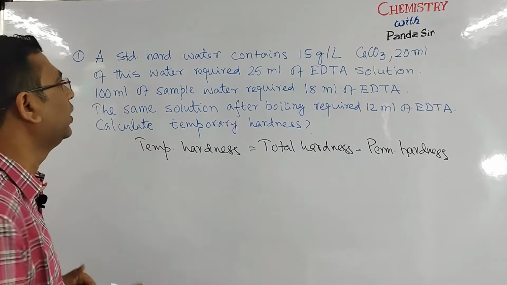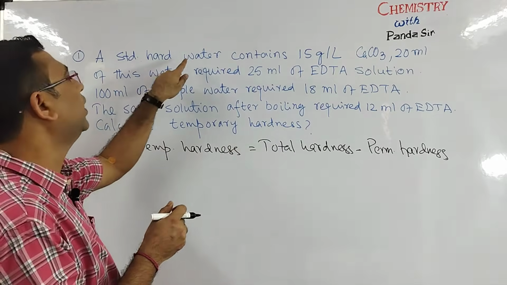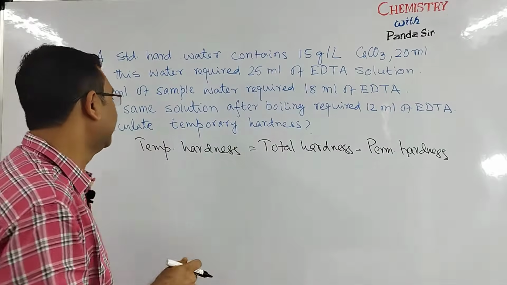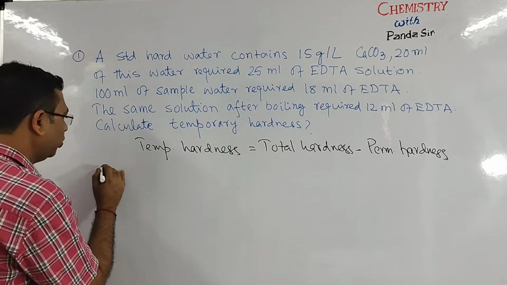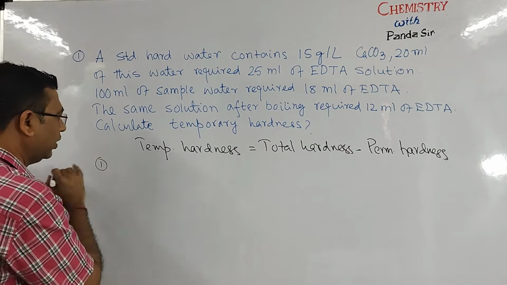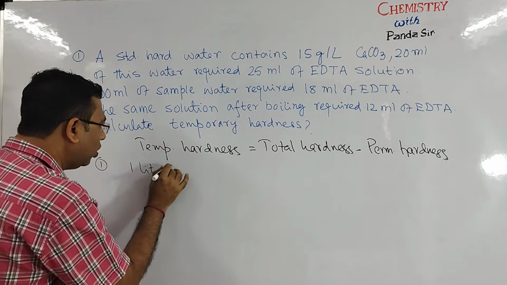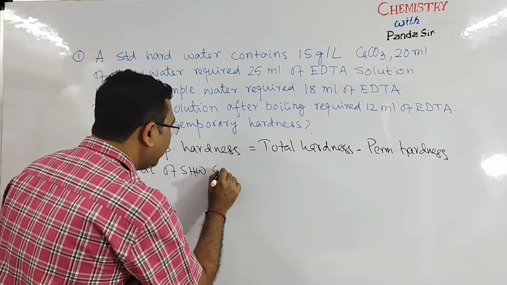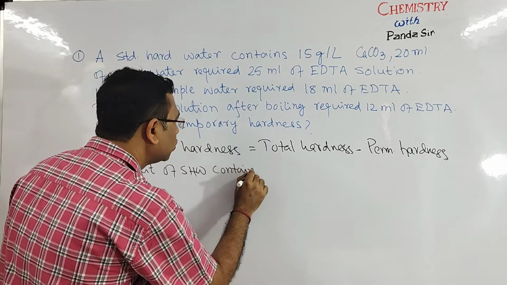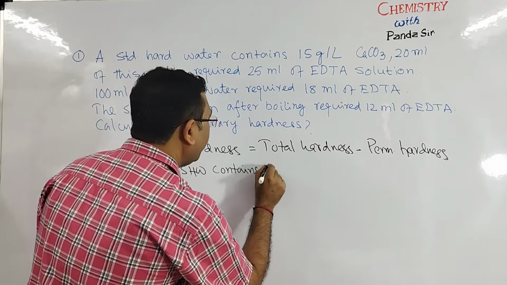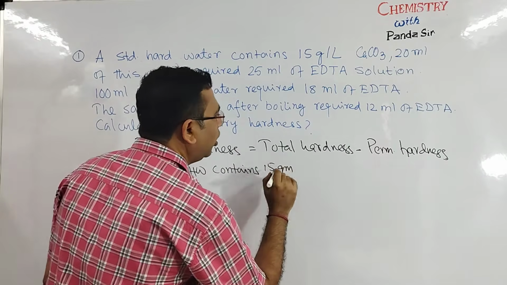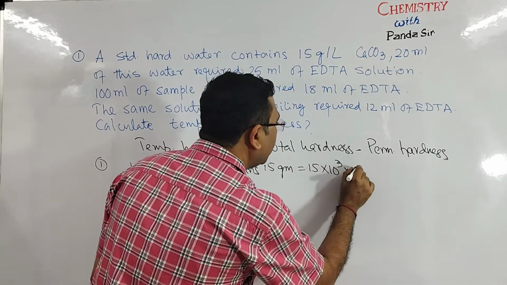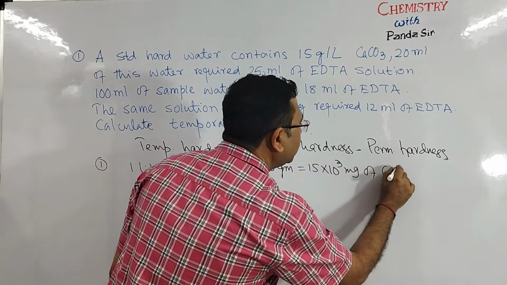The step number 1. The step number 1, I told you, is the strength of the standard hard water. So what is there? 15 gram per liter. So let me write in step number 1 that 1 liter of standard hard water contains 15 gram, or can I say 15 into 10 to the power 3 milligram of CaCO3.